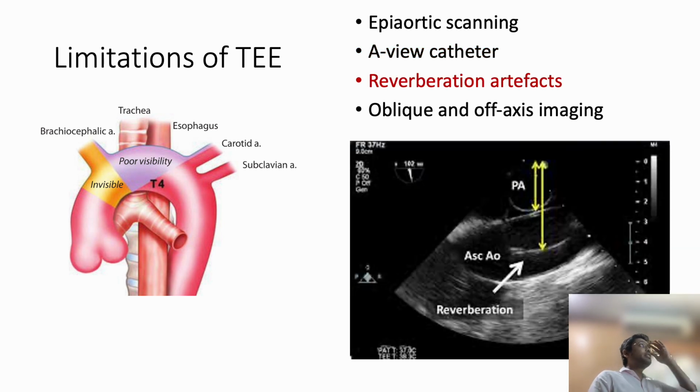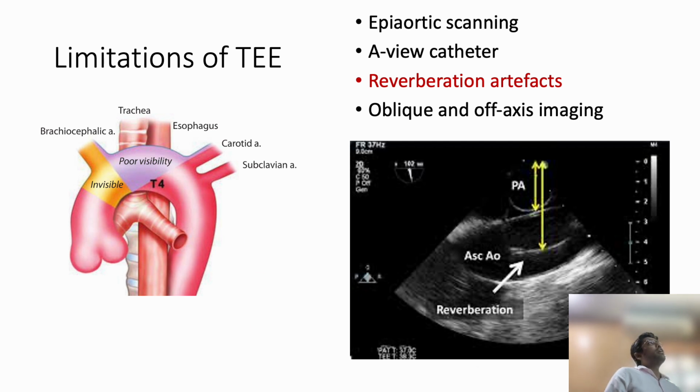And another limitation of TEE is the reverberation artifacts, because of the two strong reflectors, the anterior and the posterior wall. Both the walls are strong reflectors, producing much reverberation artifact. Sometimes this is your ascending aorta, and this is the reverberation artifact due to the posterior wall of the pulmonary artery, that is RPA.